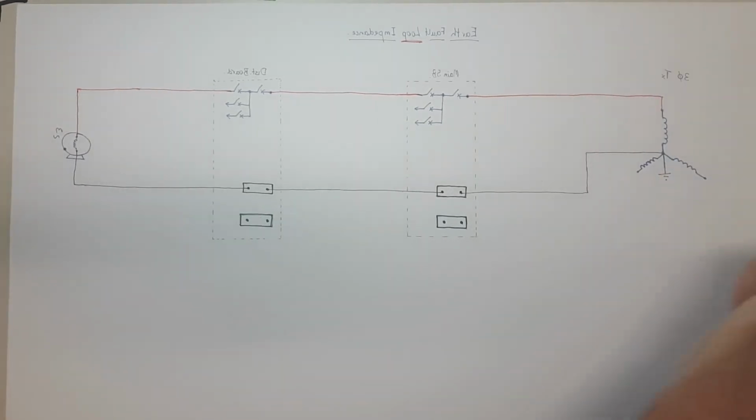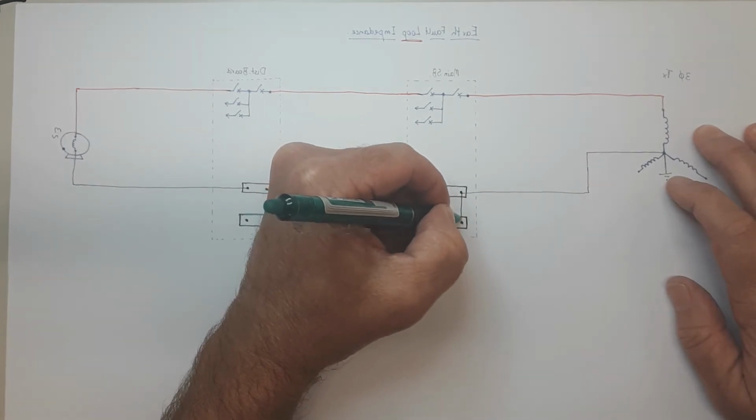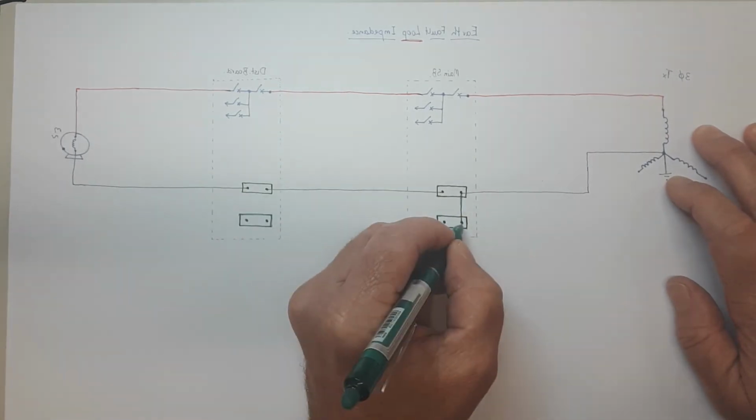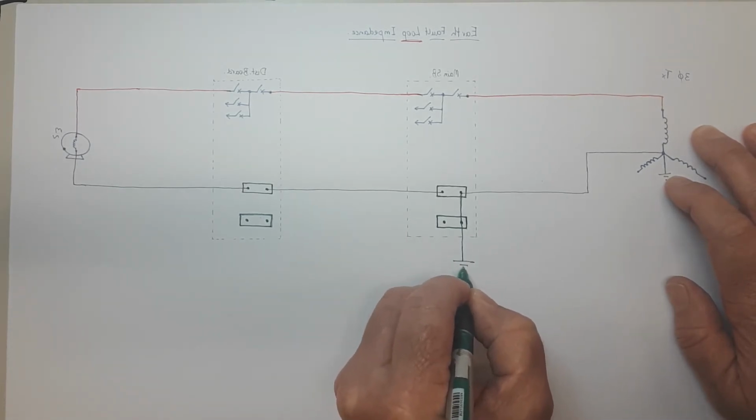And of course then we've got the earth. At the main switchboard you've got your MEN link, and that's where we get our earth at the main switchboard. Okay, so that earth's in there.